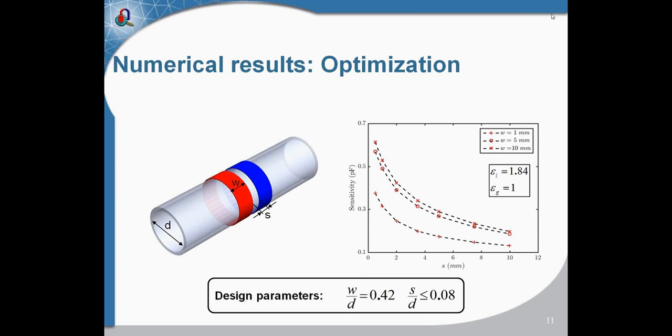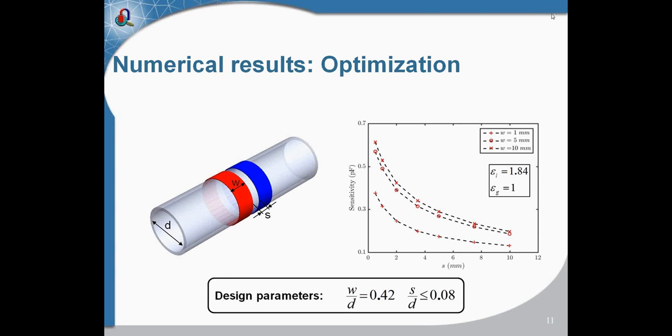On this slide, you can see the results in terms of the sensitivity depending on the widths of the electrodes and the gap between the electrodes. The results are shown in the graph on the right side of the slide. As you can see, by increasing the widths W of the rings and decreasing the gap between them, the sensitivity of the sensor is increased.